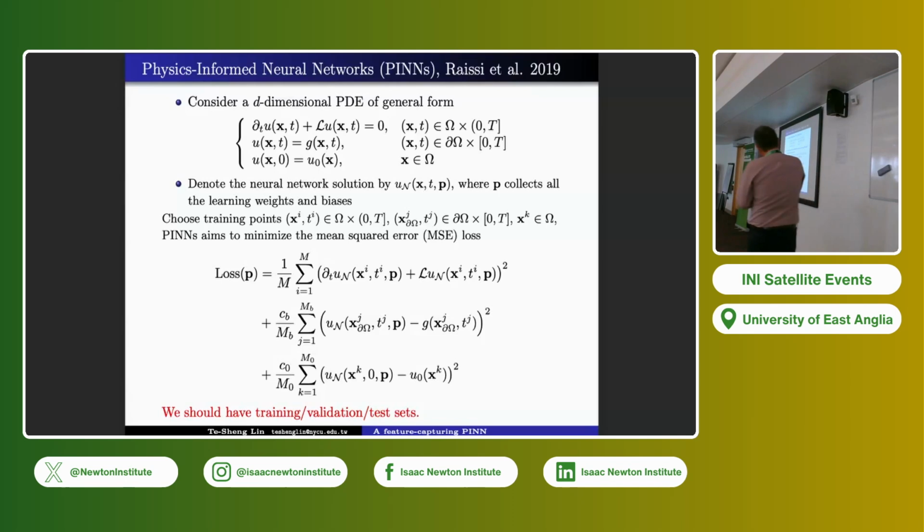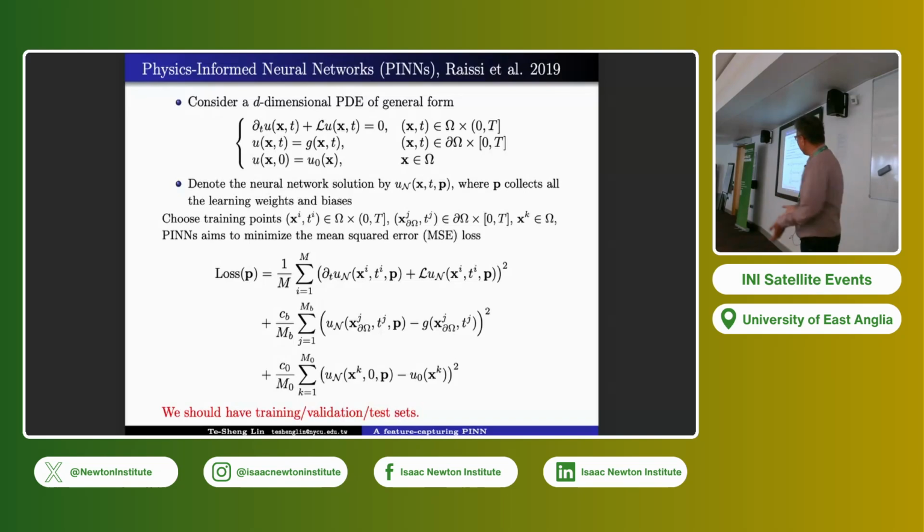So one thing is that for this kind of physics-informed neural network, this is like what you are solving using a traditional method. For a given problem, you use a traditional method to solve it, then you find a solution for this single problem. For physics-informed neural network, it's the same. You solve the problem, you find a network, but this network is very specific for the problem you want to solve.